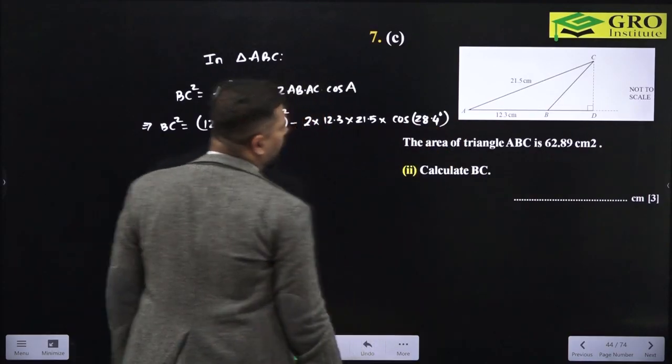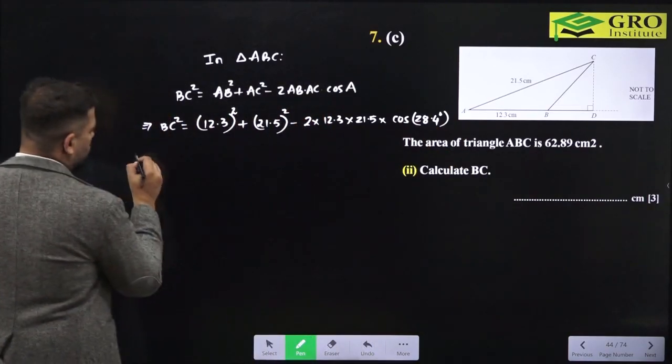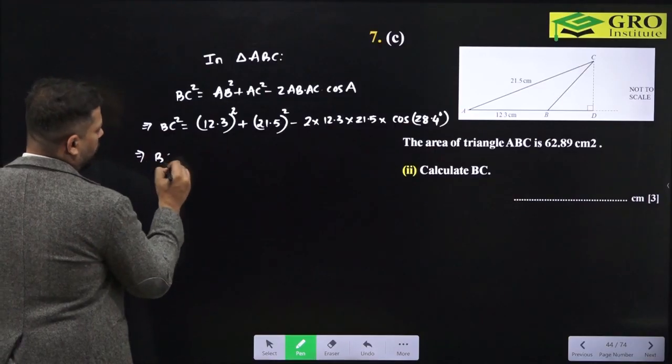That is what we need to find, guys. Let us quickly substitute, or I should say, solve for this.